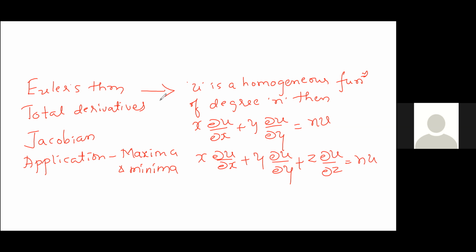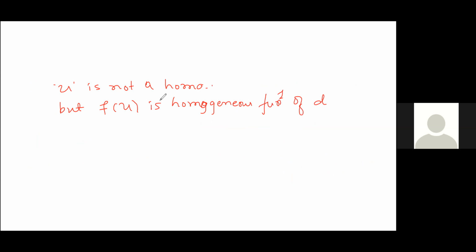So one more result based on this Euler's theorem. If u is not a homogeneous function, but f of u is a homogeneous function of degree n, then x dou u by dou x plus y dou u by dou y equals n into f of u by f dash of u.